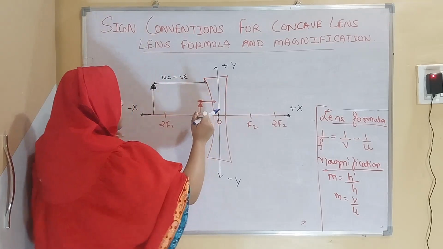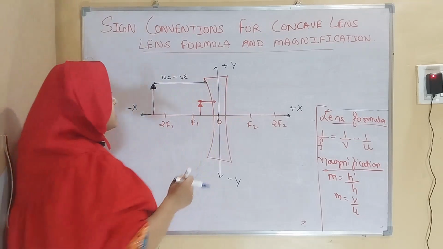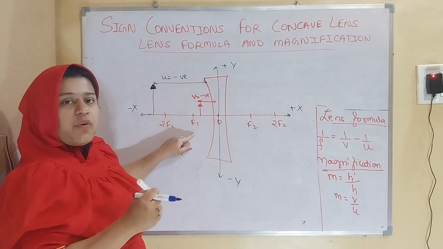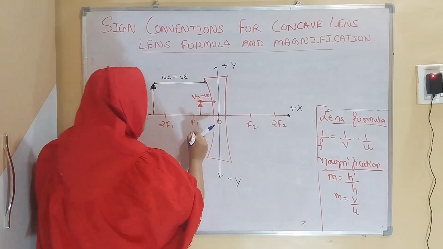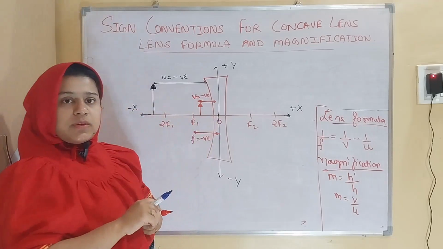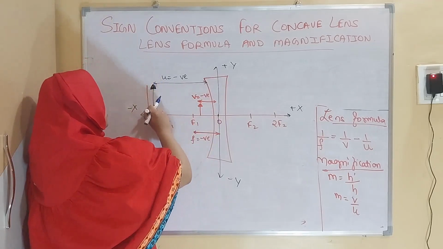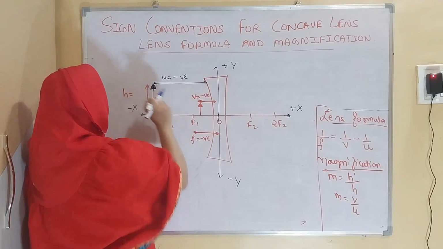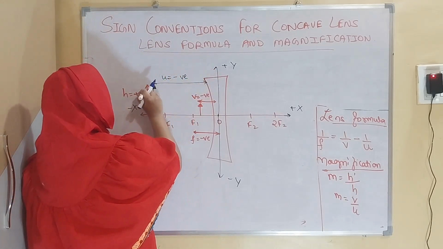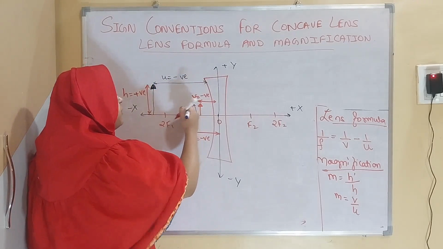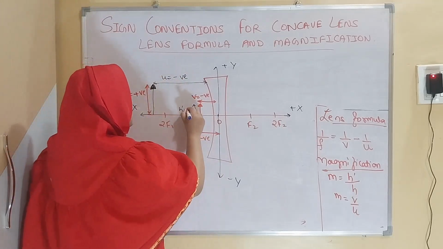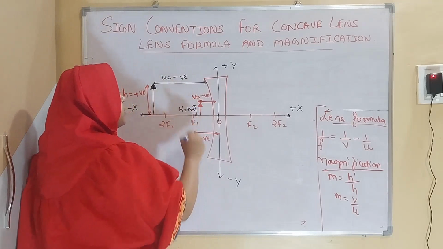Image distance, image is also towards the negative x-axis, so image distance will also be negative. अब जहां पर इमेज है वो फोकल लेंथ हम कंसीडर करते हैं, so focal length will also be negative. Height of object h, object कहां है? ऊपर की तरफ, towards positive y-axis, so height of object will be positive. And height of image h dash, image भी कहां है? ऊपर, towards positive y-axis, so height of image will also be positive.